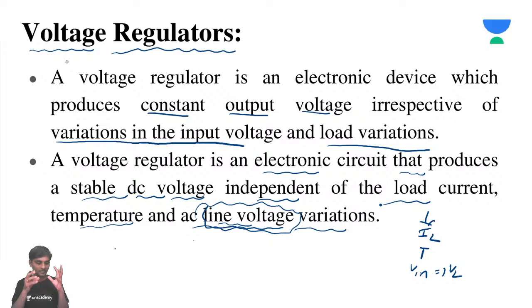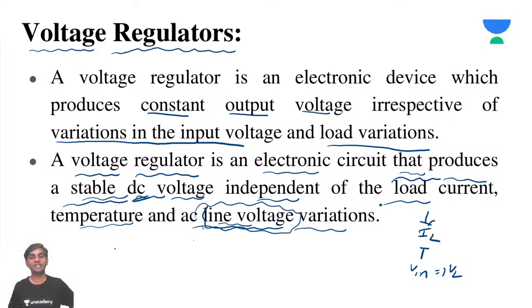Okay, a voltage regulator is an electronic circuit that produces a stable, constant output DC voltage, independent of variations in the load current IL, temperature, and AC line voltages.